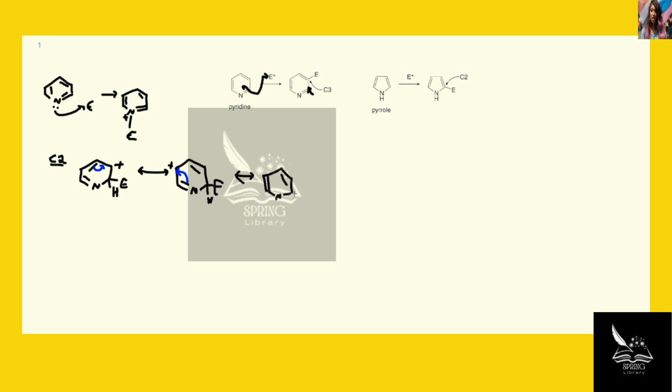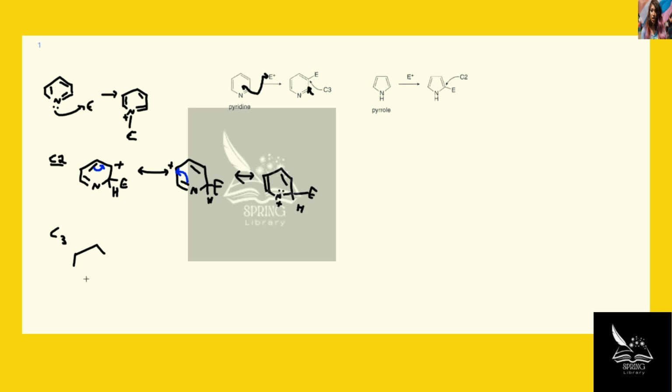Now this makes a lot more sense. Now we have a positive charge on this nitrogen atom. In this resonance structure, nitrogen does not have a full octet. This positive charge on this electronegative nitrogen atom makes this a very poor resonance stabilized structure, and it's not that favorable. But now let's see what happens if attack occurs on carbon 3.